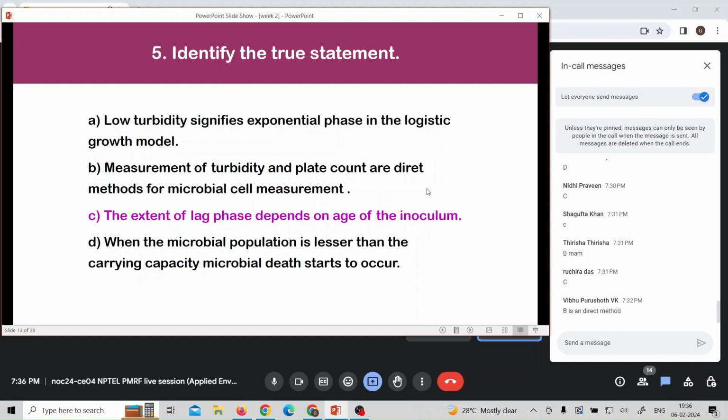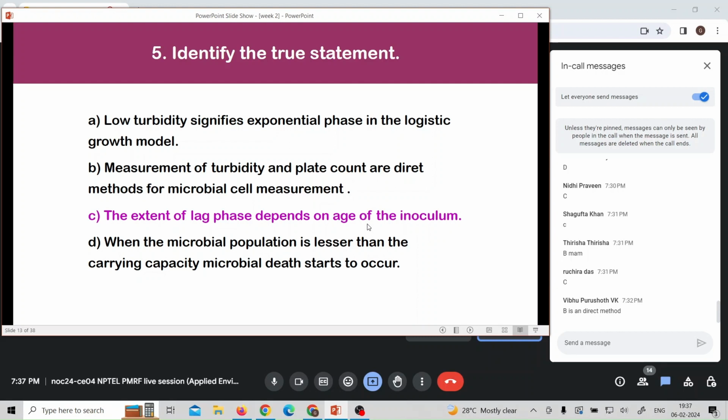Usually we take mid-log phase microbes and inoculate them into a fresh medium, because they can adapt themselves faster and they can grow faster. But if you put a stationary phase bacteria, it is already tired of growing, so it has to revive itself to grow or multiply in a new medium. That will take time. I guess you understand what I'm explaining here. So based on from what age of the inoculum you inoculate, the extent of lag phase will definitely vary. That is why it is a true statement.